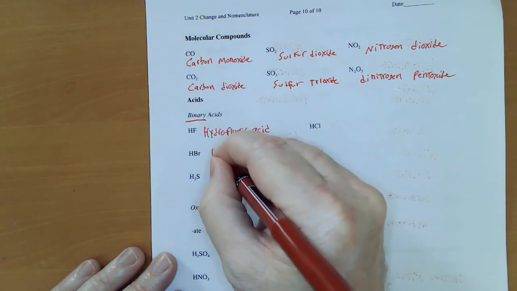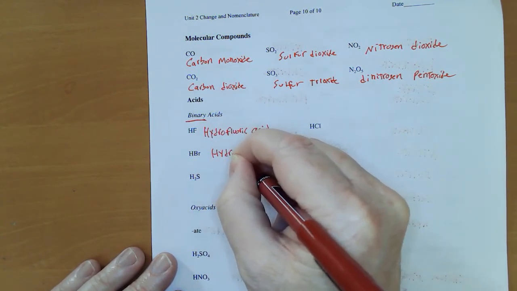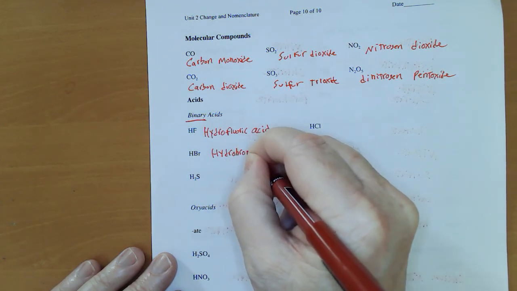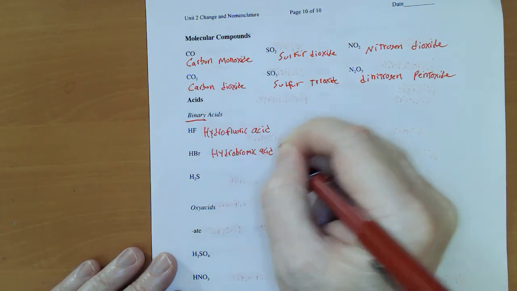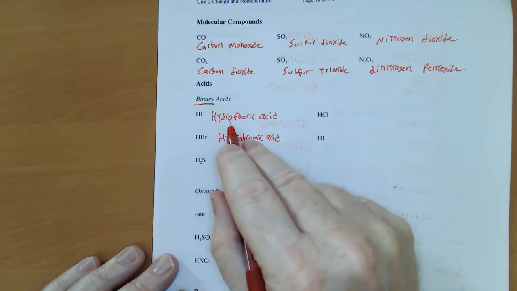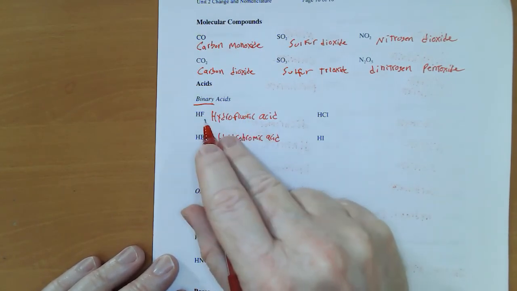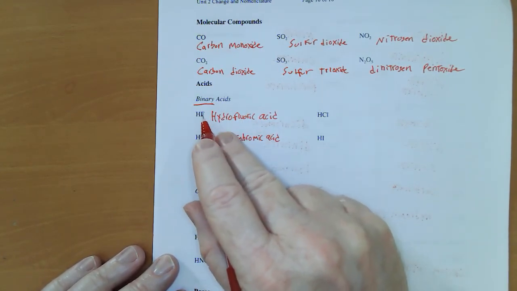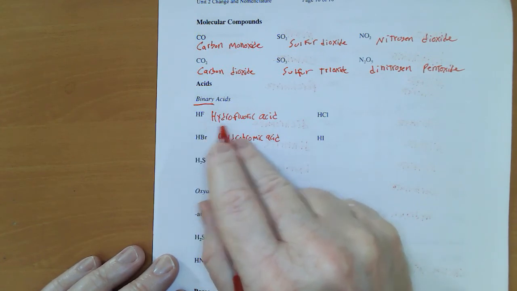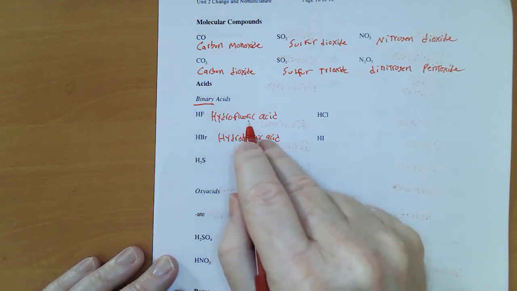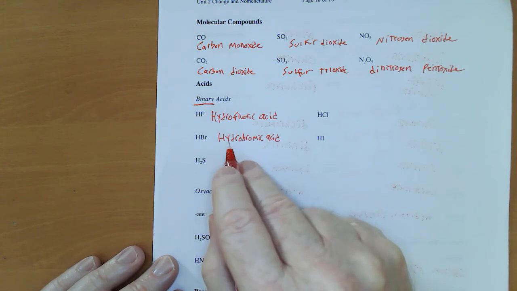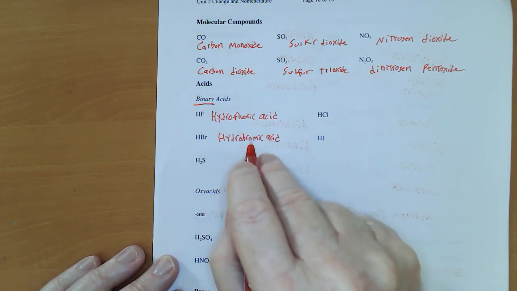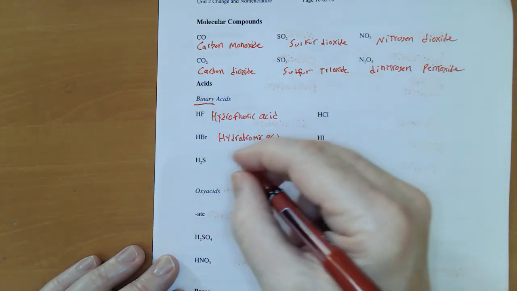This is called hydrobromic acid. You'll notice it's starting off with hydro for the hydrogen. Then we're taking the root of the second element's name. Fluorine's root is fluoro, and we're letting it end with ic acid. So hydrobromic acid, the bromo comes from the bromine.